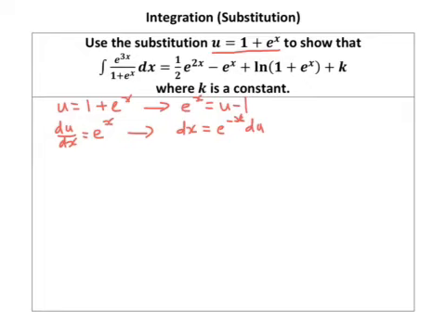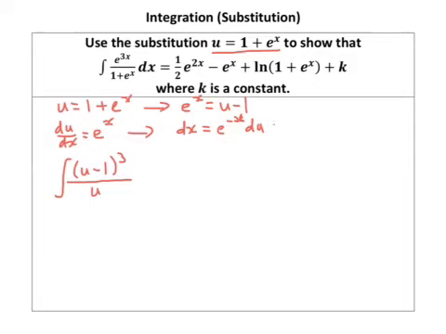So now let's substitute everything in, and we get this. We've got e to the 3x. Oh right, okay, good. So that's u minus 1 cubed, and over, now I know that's u. Excellent.